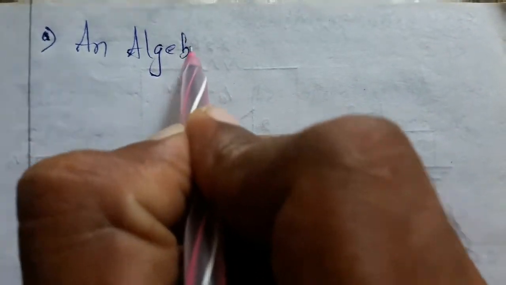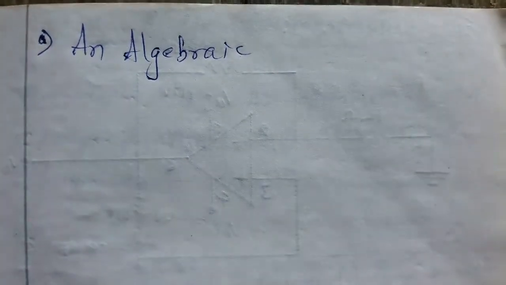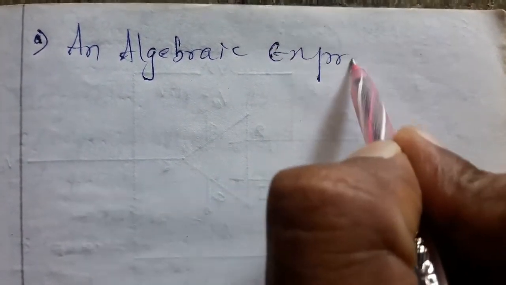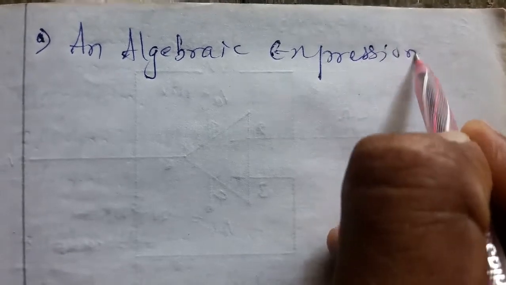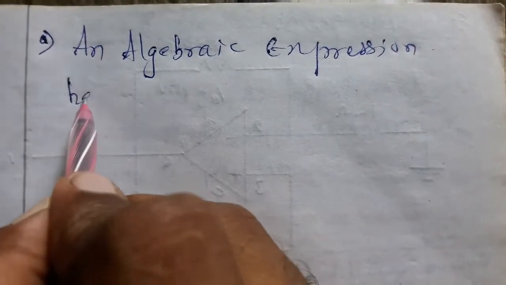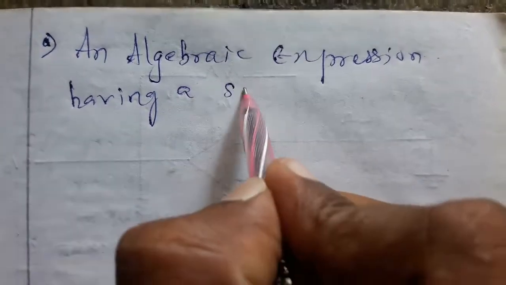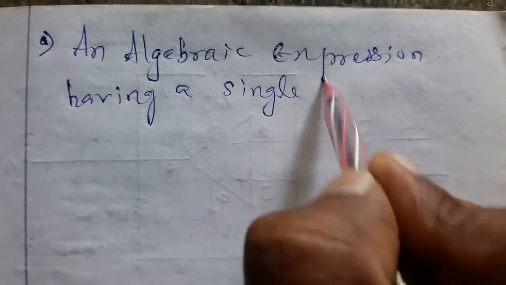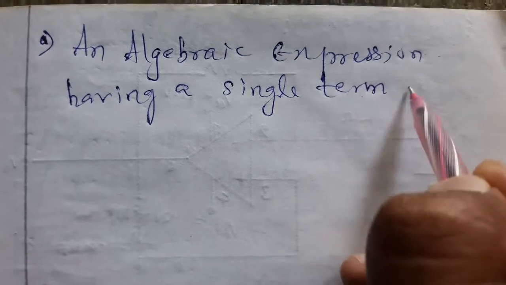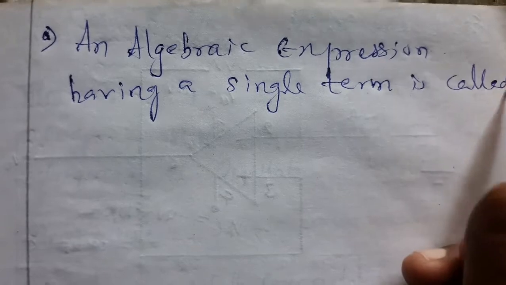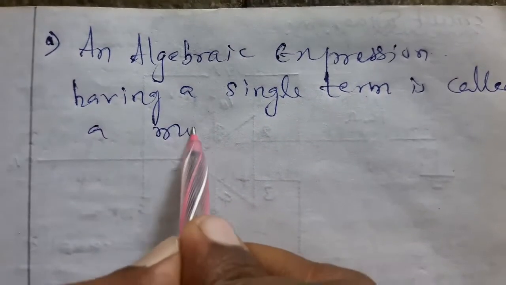Next point, an algebraic expression having a single term is called a monomial.